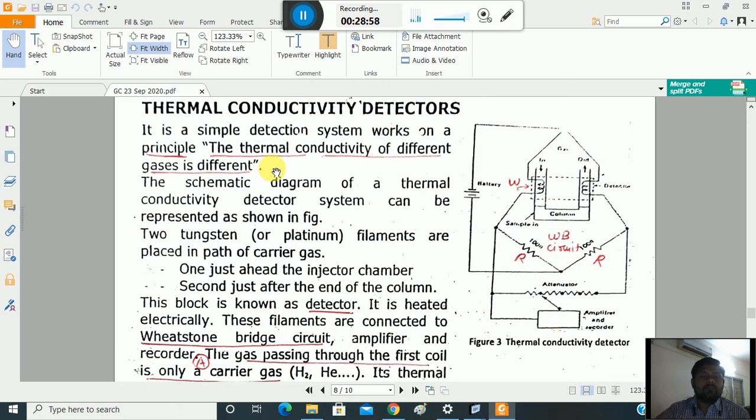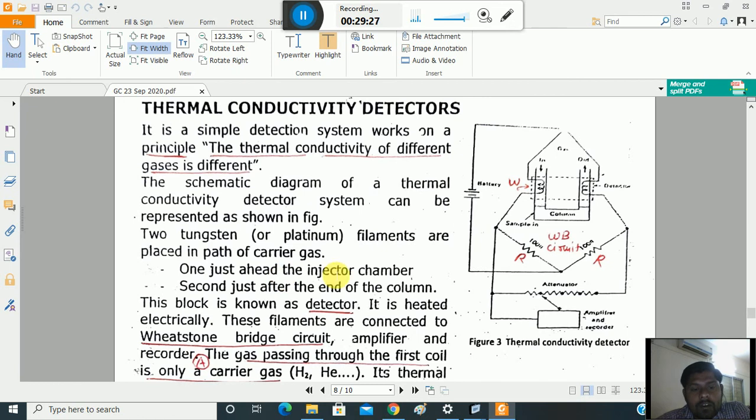Now TCD, the thermal conductivity detector. The simple principle is that the thermal conductivity of different gases is different. That is the basic principle of the TCD detector. The schematic diagram of TCD I already discussed. Two tungsten or platinum filaments are placed in the path of the carrier gas.